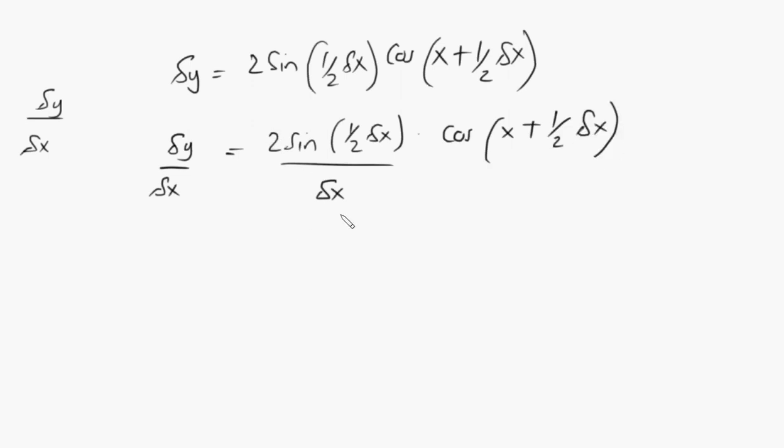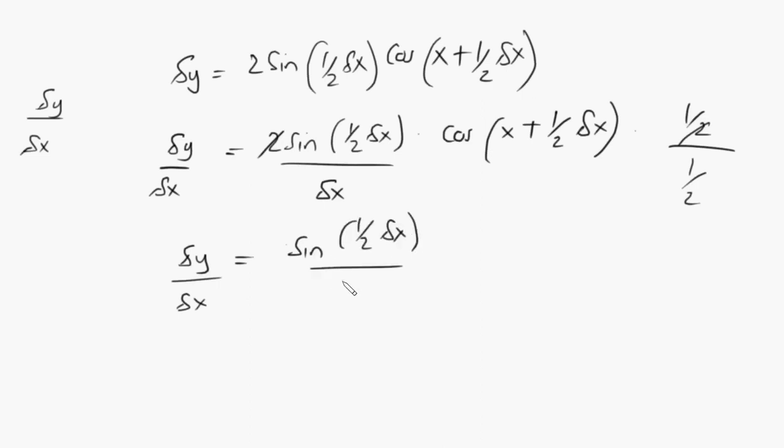Now this 2 I can also multiply by 1 over 2 on top and bottom, like times 1 over 2 over 1 over 2, so this one goes away. So delta y over delta x is just equal to sine 1 over 2 delta x over 1 over 2 delta x times cos of x plus 1 over 2 delta x.